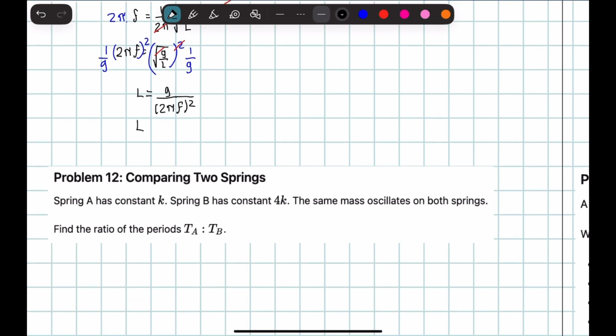Now if we plug in our values, we have L is equal to 9.8 divided by 2 pi times 0.50 squared. That's going to be equal to 9.8 over pi squared, which is approximately equal to 0.99 meters.